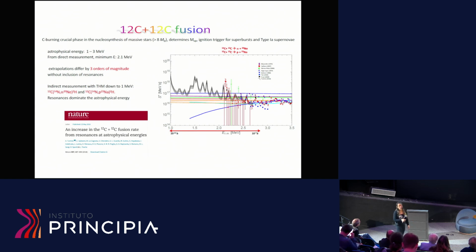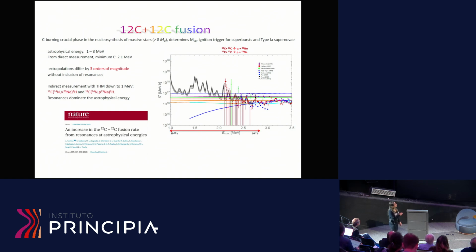All these resonances completely change the idea about the trend of the S factor. At that time, people were considering a non-resonant S factor. Now we know that resonances can dramatically change our belief.